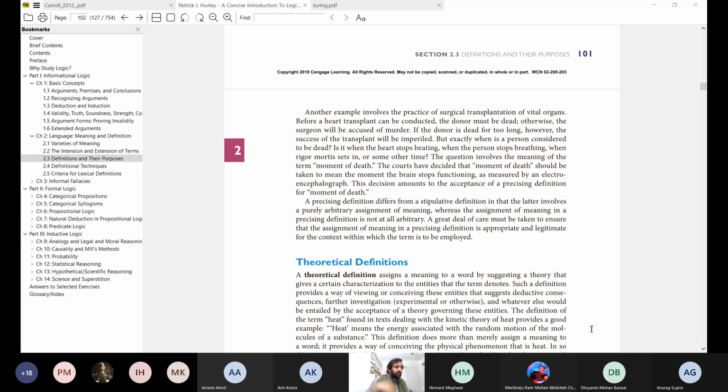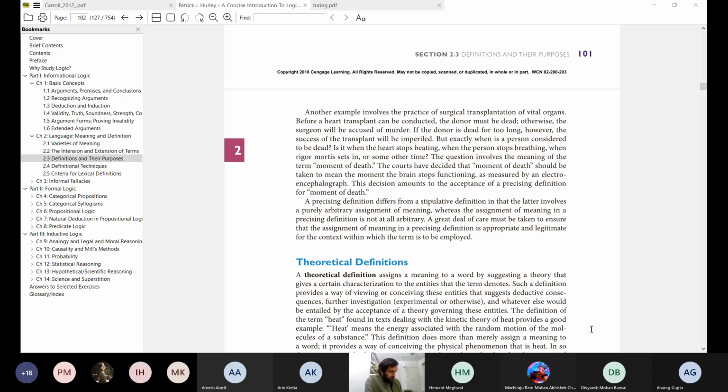Whereas if you're saying this term can have a range of different meanings in the language, and for our particular purposes, here's what I want it to mean, or here's how I am going to use the term, then one's offering a precising definition. So we can come back to that if there are questions.